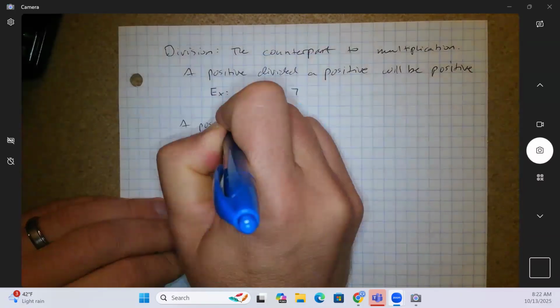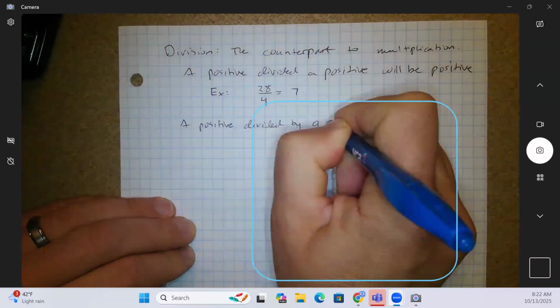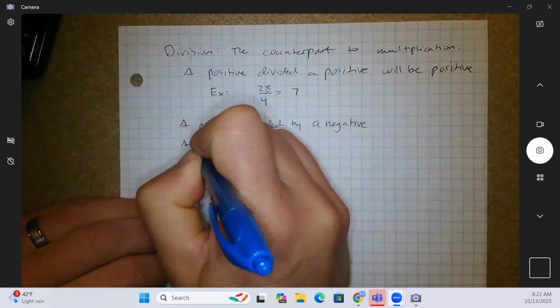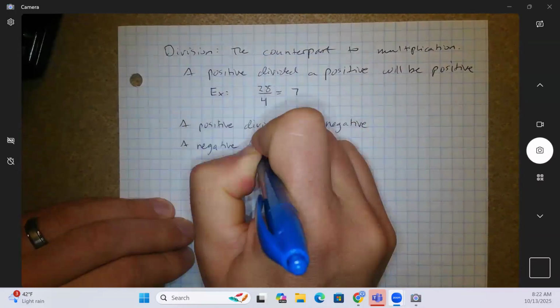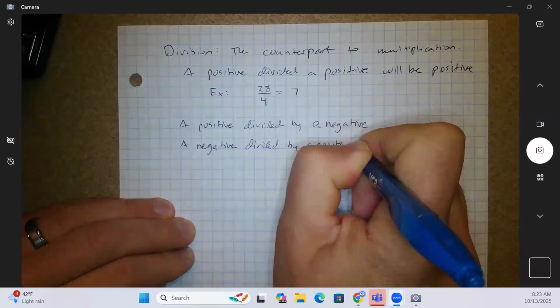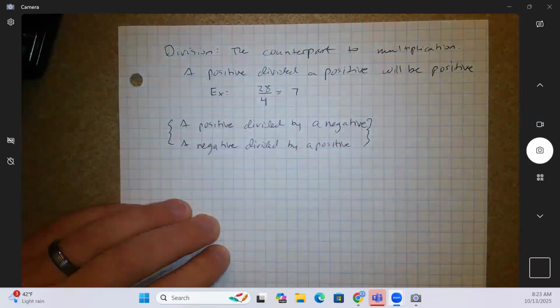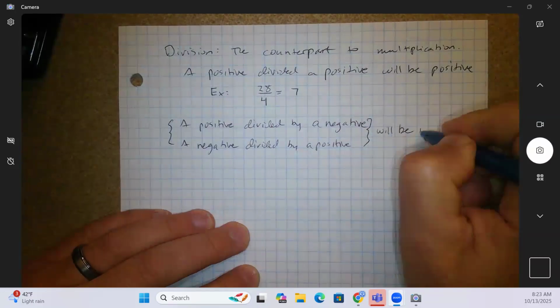A positive divided by a negative, or switch them, a negative divided by a positive. That's the counterpart to multiplying two things that have different sign, will be negative.